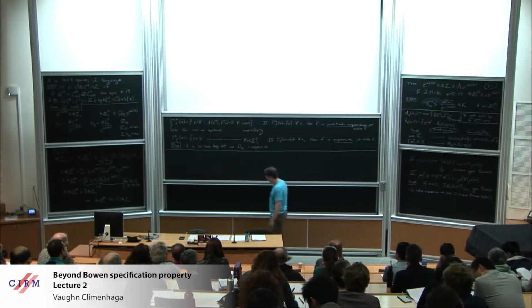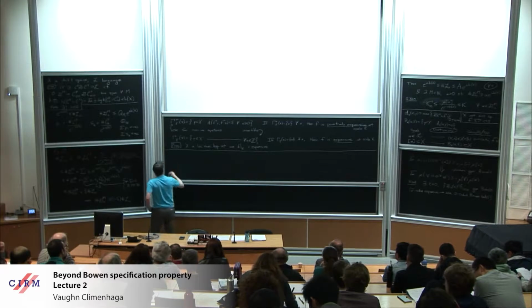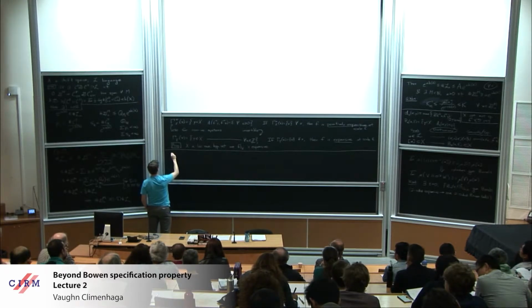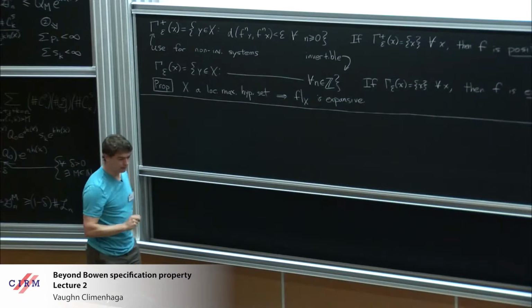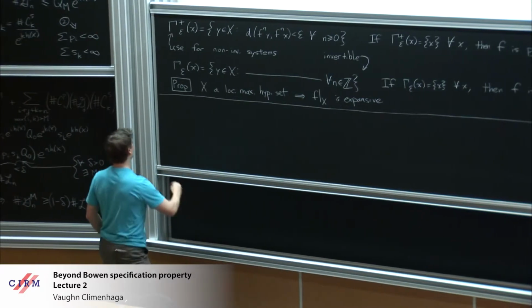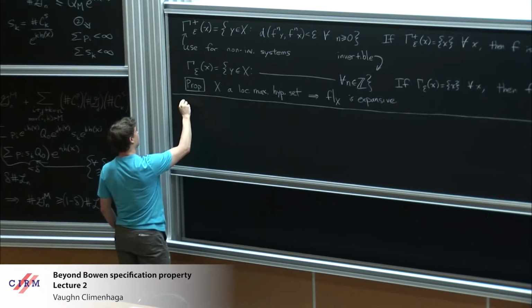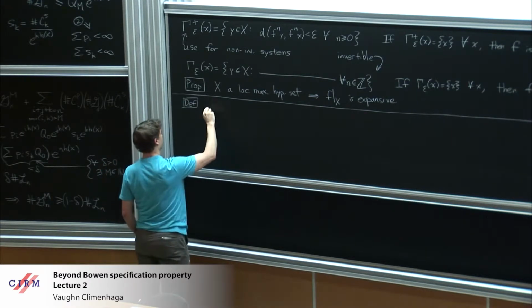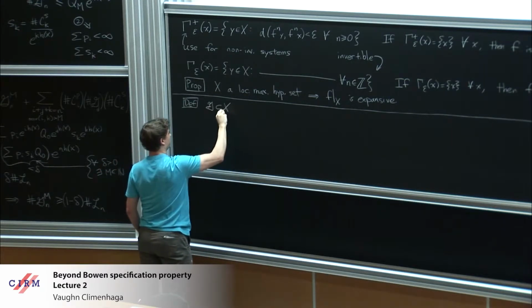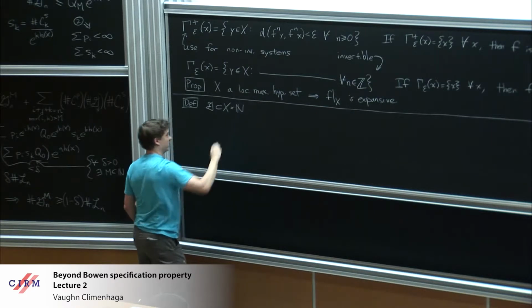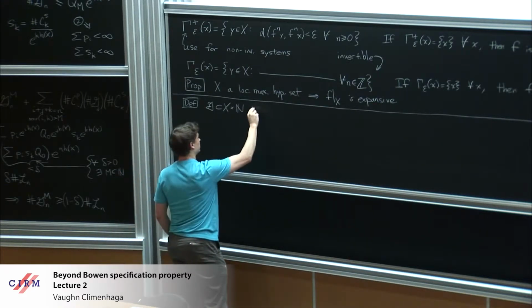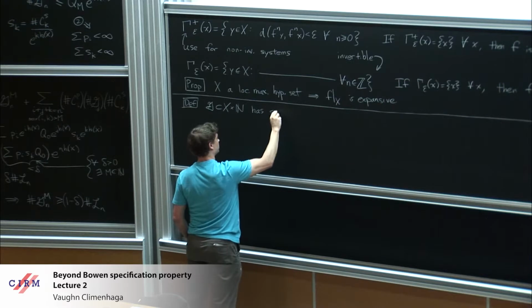So I will give it in a not entirely standard way. We say that a collection G of orbit segments has specification at scale delta.